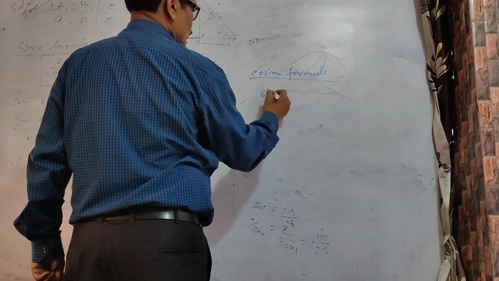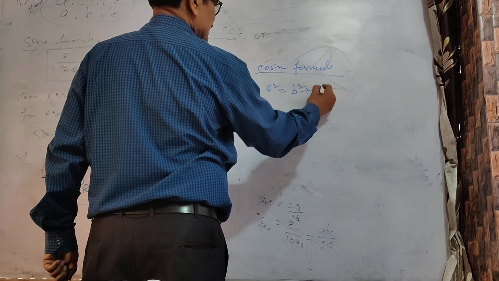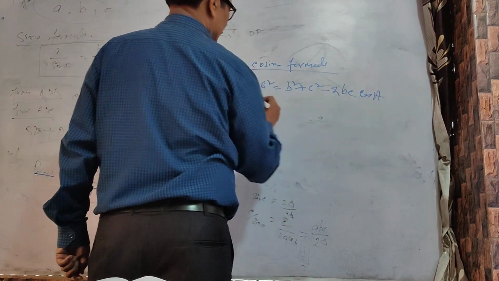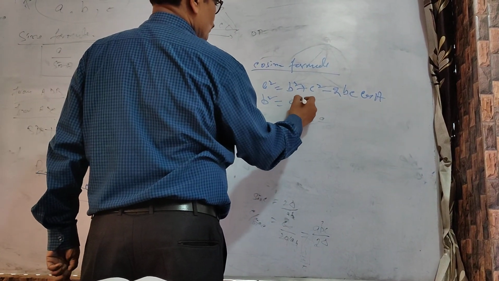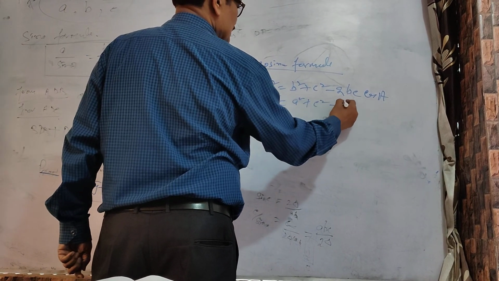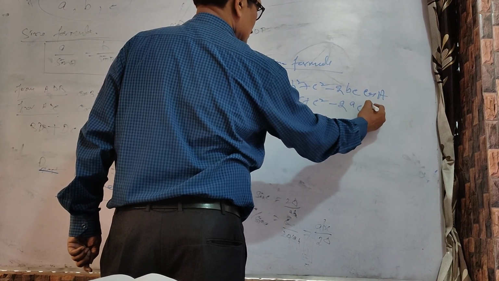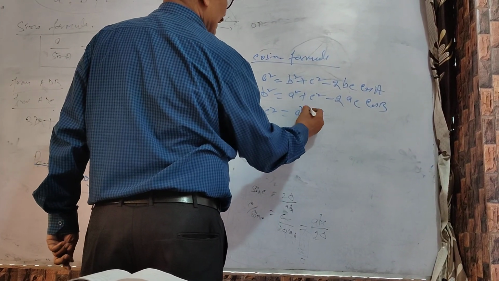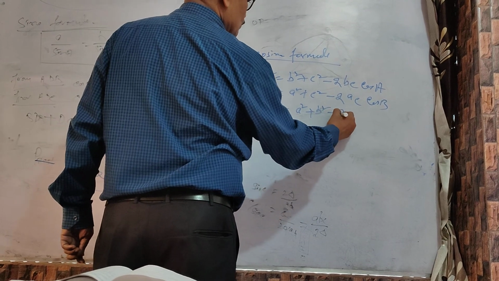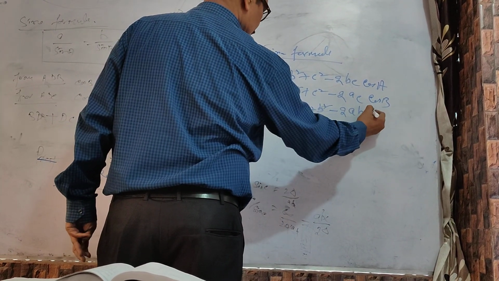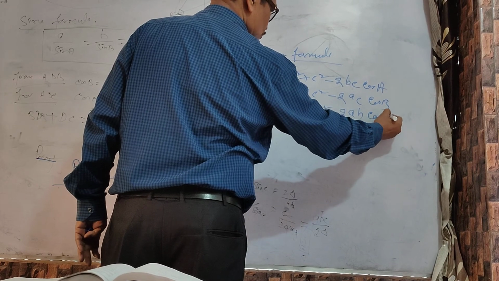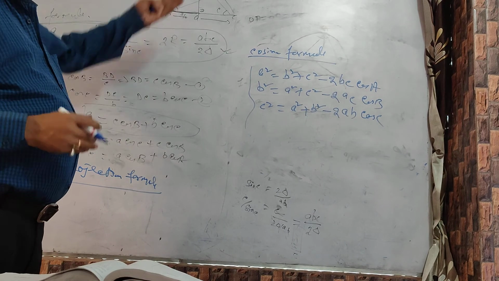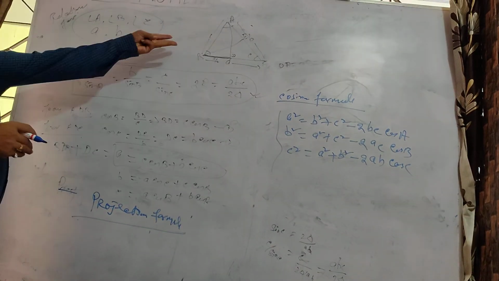The cosine formula is that a squared is equal to b squared plus c squared minus twice bc cos A, and b squared is equal to a squared plus c squared minus twice ac cos B, and c squared is equal to a squared plus b squared minus twice ab cos C. We may also prove this result next time.